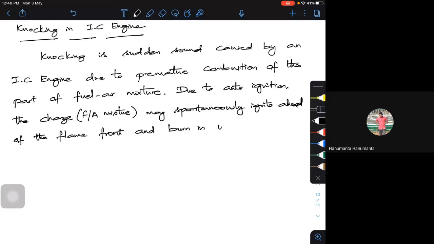Uncontrolled manner. Okay, this will lead to uncontrolled combustion.